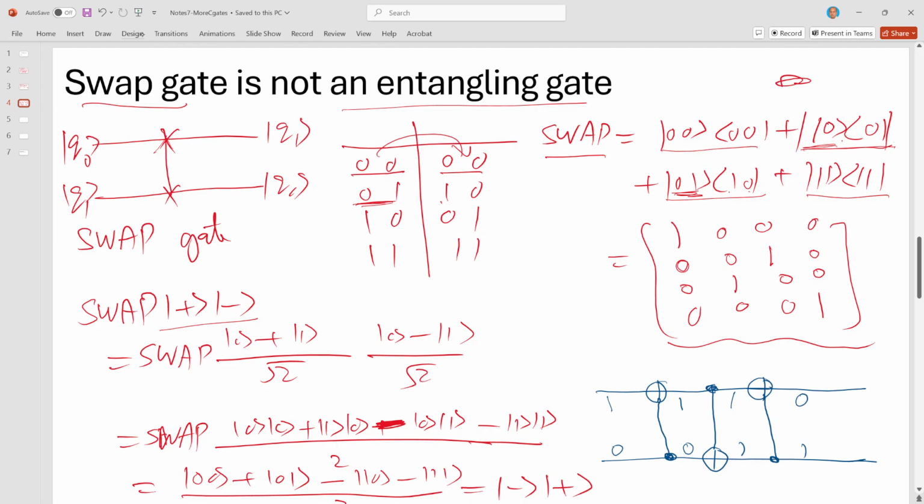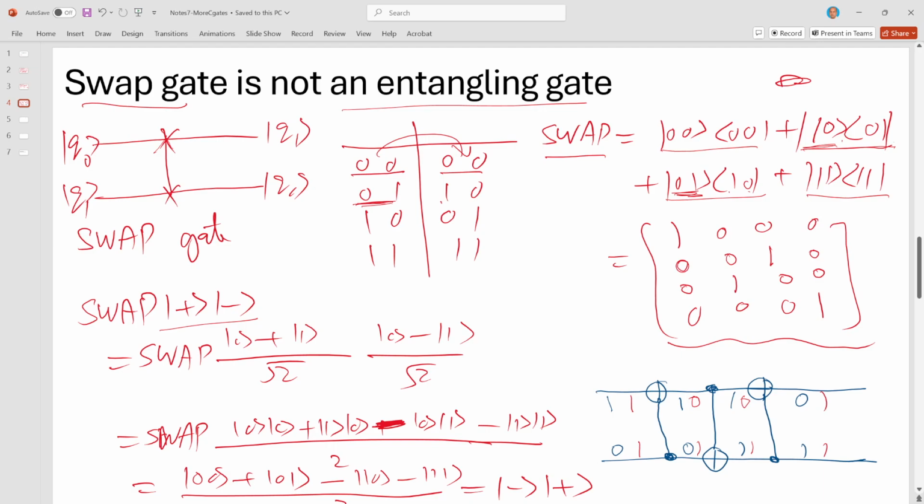And if we start with, let's say, 1 1 here, so this becomes 1 0, and this becomes 0 1, and this becomes 1 1.